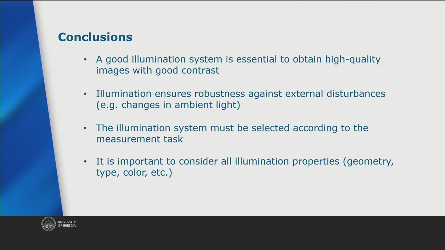Depending on the measurement you want to perform, it's necessary to choose the most suitable lighting system, since you always have to keep this in mind. What do I want to measure before choosing the best illuminator? Finally, to choose the optimal illuminator, it's important to consider all the properties of the lighting system, such as geometry, type, color, and any need for filtering.